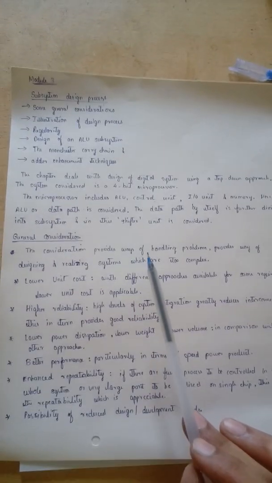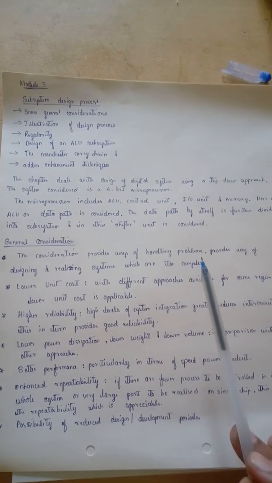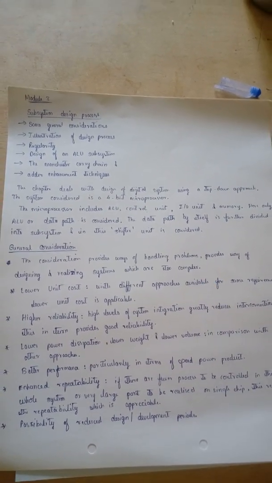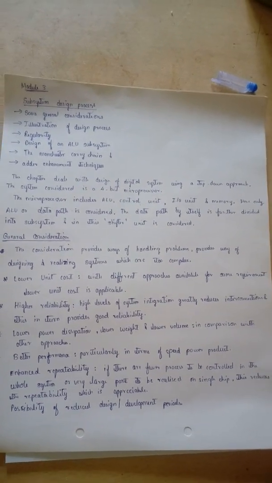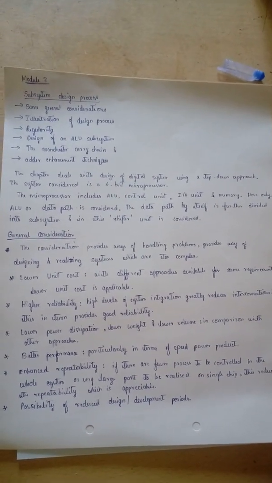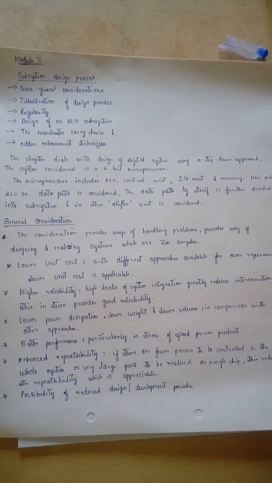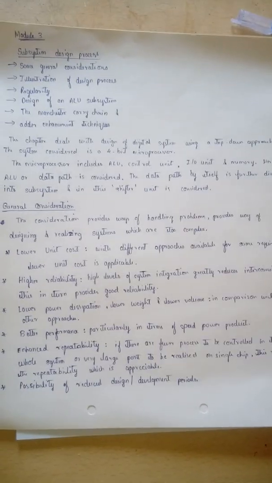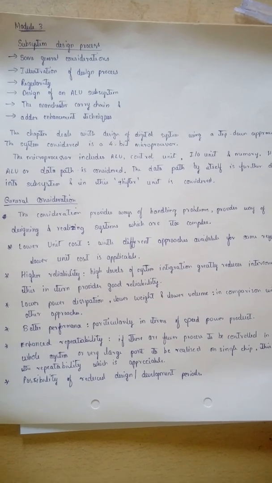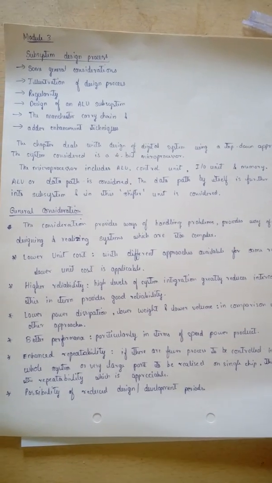Now we'll briefly come to the general considerations, and later we'll go to the illustration part. So what are the main general considerations you can come across here? The considerations provide ways of handling problems, and they provide ways of designing and realizing systems which are very complex. Whenever you're designing anything, it will be a complex design. So the complex design has to be split up into simple designs, right?